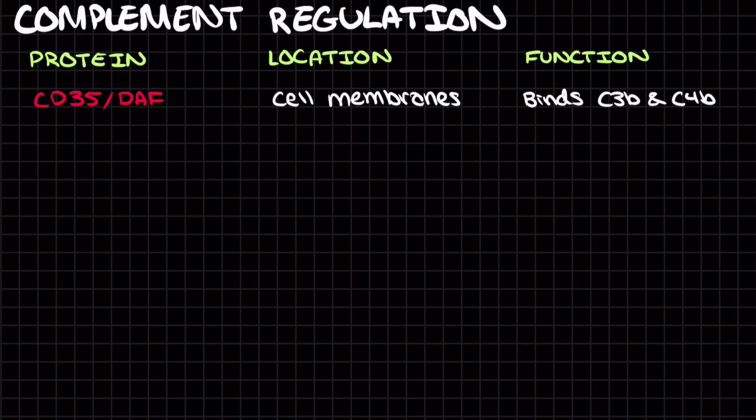And what this leads to is it will break C3 convertase. It breaks it apart back into its C3b and Bb components, or C4b and C2a components. At the same time, because CD35 will bind to C3b and C4b, it can prevent the C3 convertase from forming in the first place. So it prevents its formation.